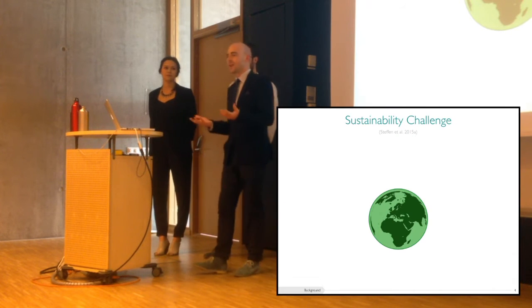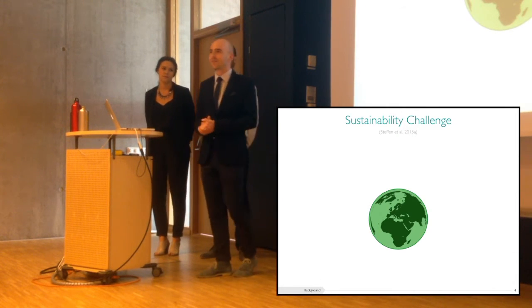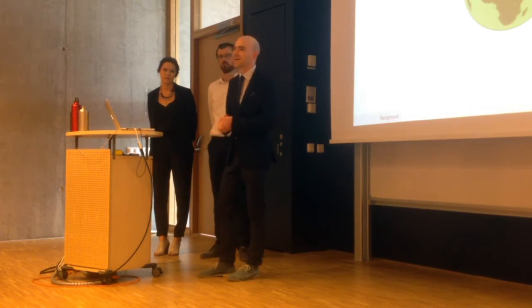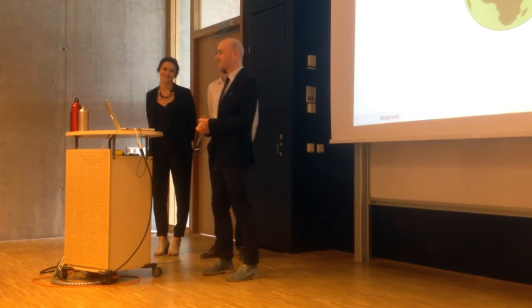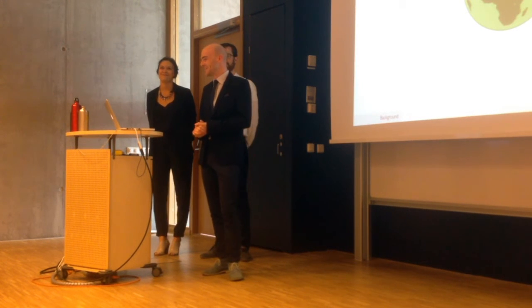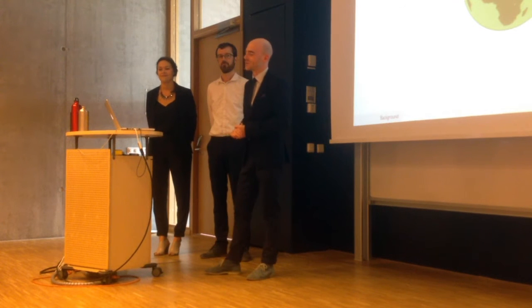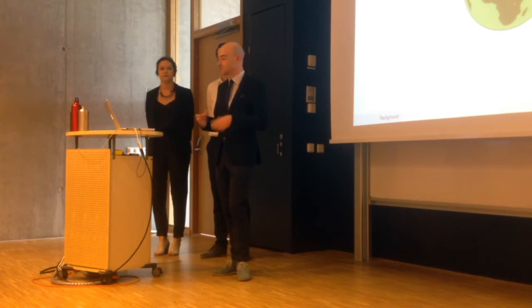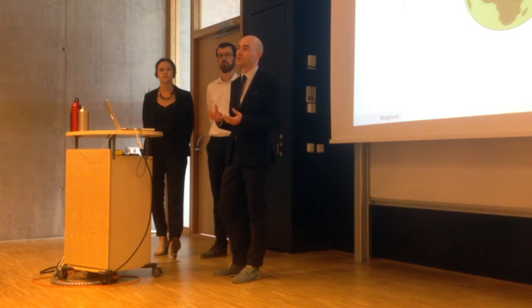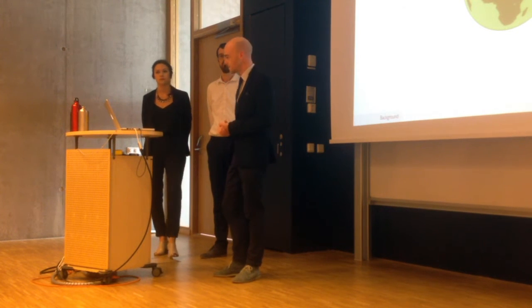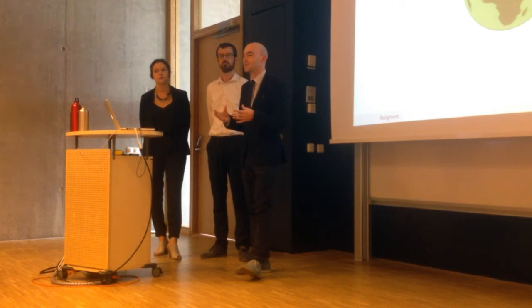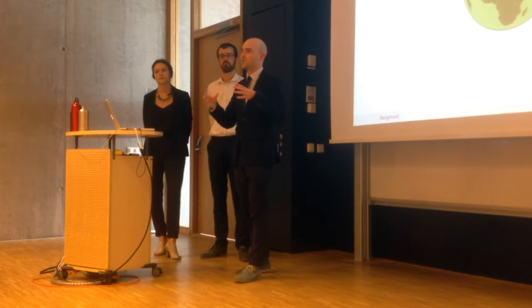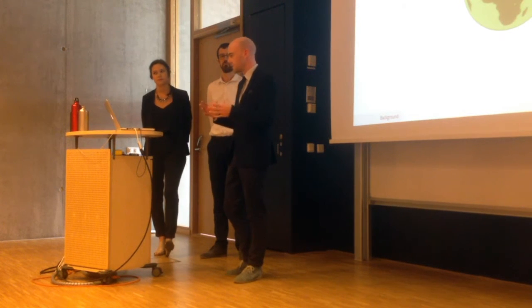So to contextualize a little bit of this, obviously we have this great thing called the Sustainability Challenge that's been elaborated all too well over the past couple of days. But basically since the Industrial Revolution, socio-economic trends have altered the state and functioning of the Earth's systems, and are continuing to do so with increasingly negative consequences. It's an inherently complex challenge in the way that it depicts this interplay between all the social and ecological systems.